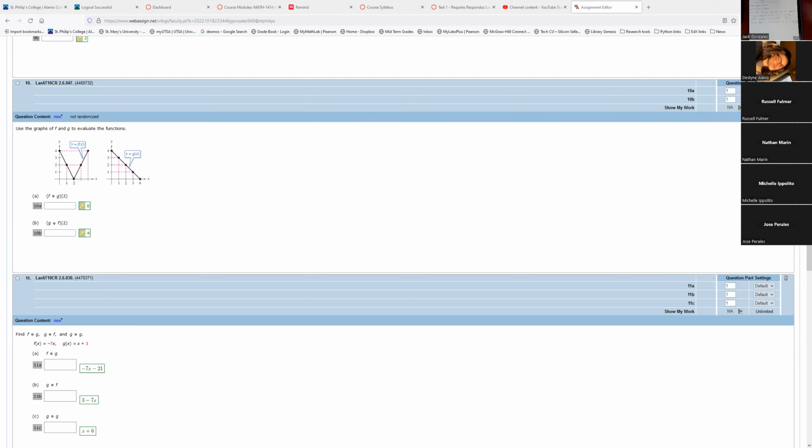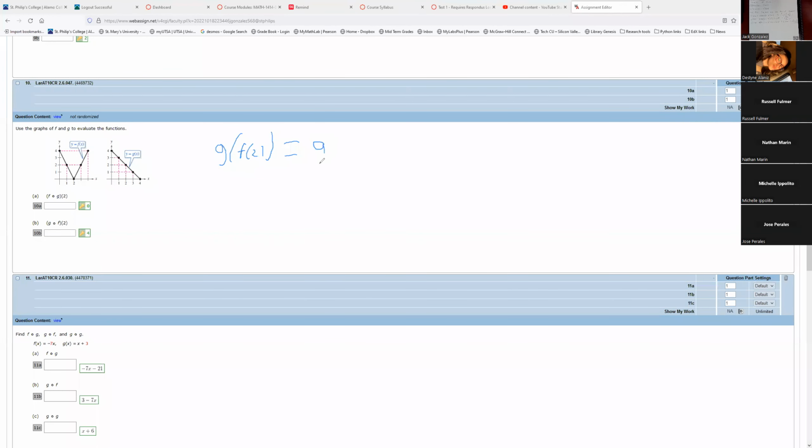Okay. What's up? Isn't that also 0? Other direction will not be 0. Because it would be g of f of 2, right? So f of 2 would be 0.